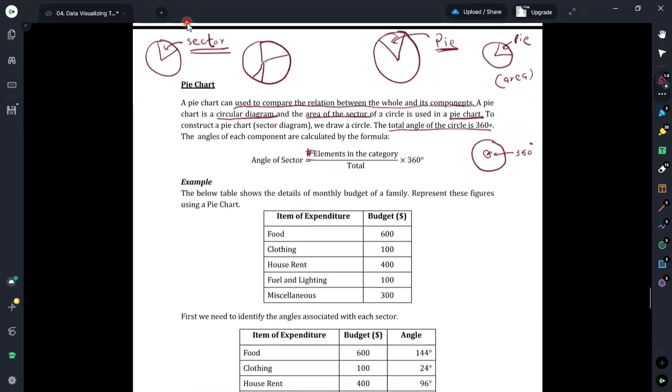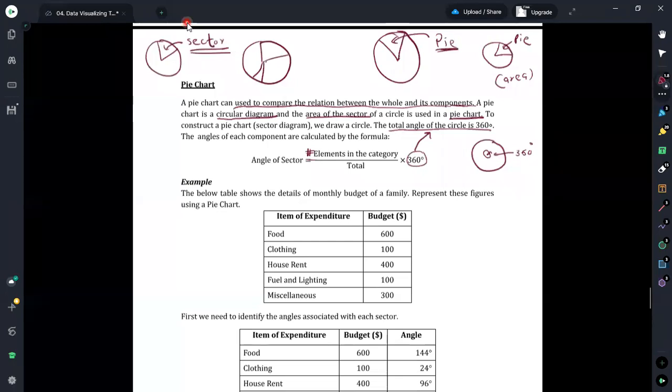It is because this 360 denotes the total angle of the circle, and this is proportionate, and we can obtain the angle for each sector. Therefore, to proportionate it, we are considering the number of elements in each category divided by the total elements. Now we will move to an example related to this.